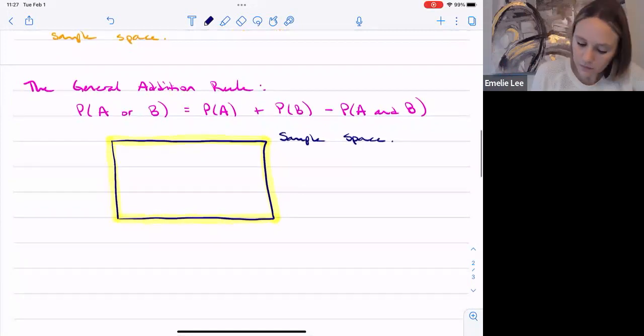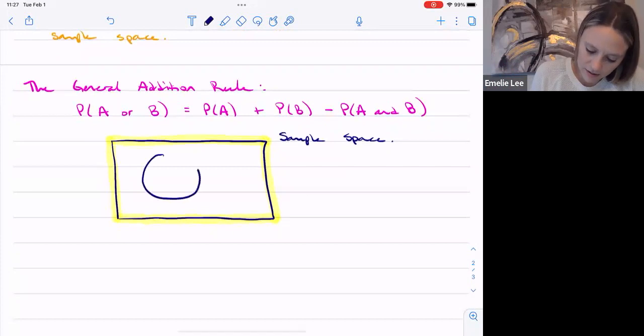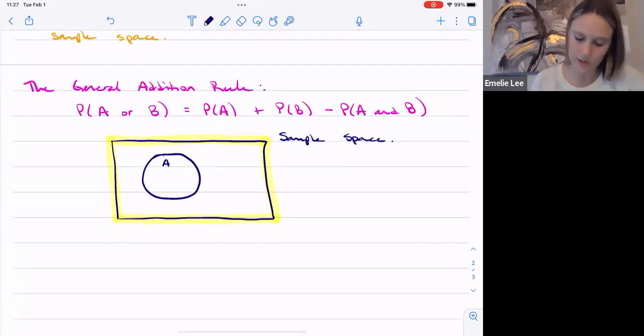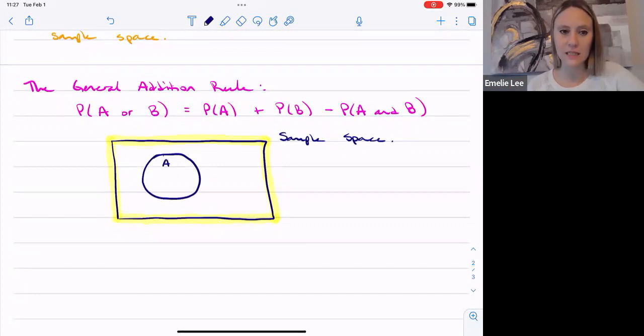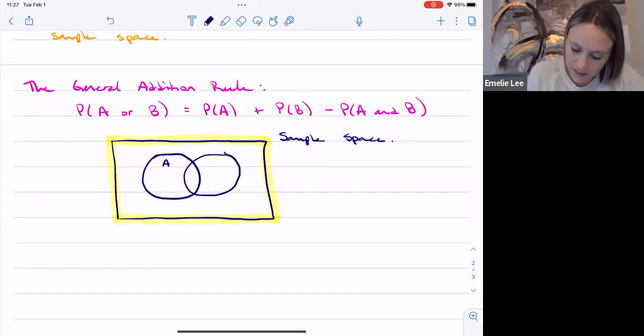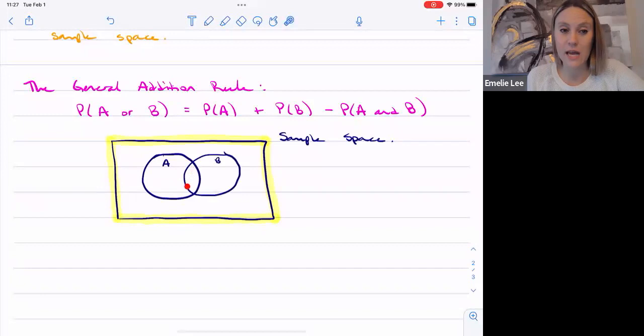So if I draw some event A, right, usually I have a circle and I'll put an A here, and then I'll have some event B. And to show that they could potentially happen together, right, I show the overlap here, right?